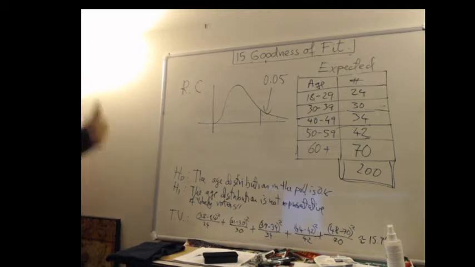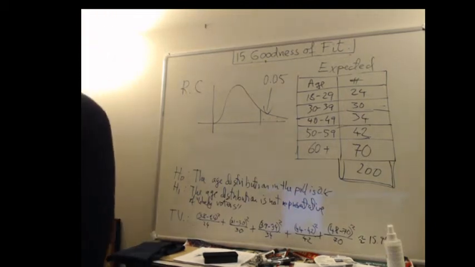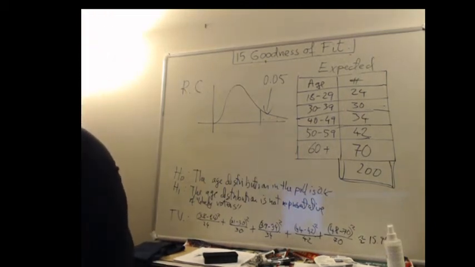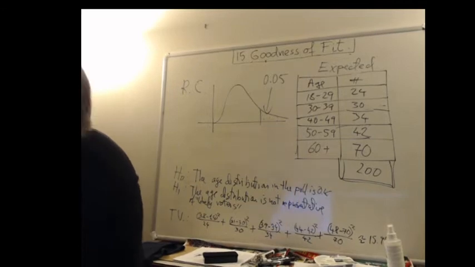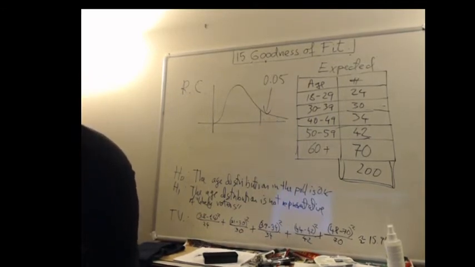And I need to look again in the chi-square table, so I'm not going to try to show you that. It's not really that hard to find. Pull out the chi-square table. Look at the top when you have the right tail of 5%. Look at the 4 degrees of freedom.